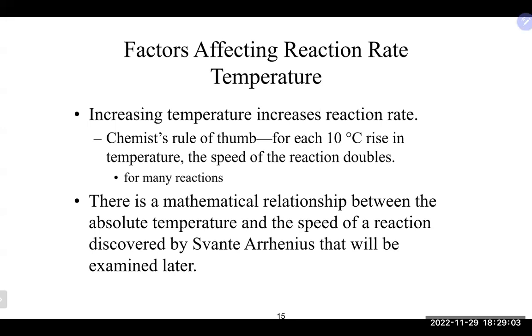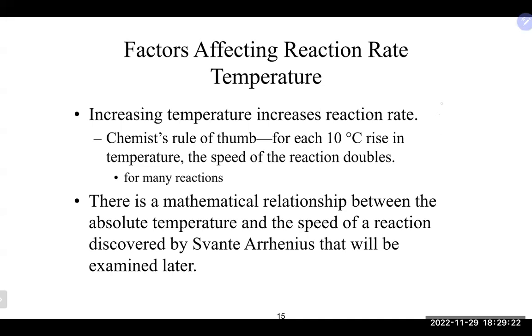The reverse happens if you put everybody on ice and lower the temperature. Everybody has less energy, so a lower proportion of molecules have enough energy for the reaction to take place, and you typically see a decrease in the rate.